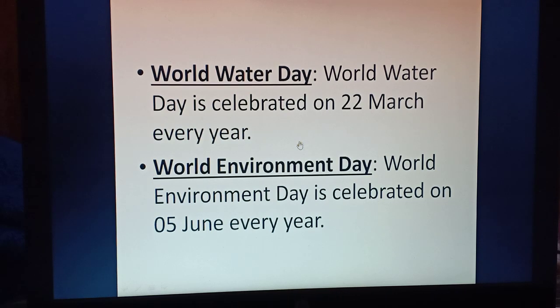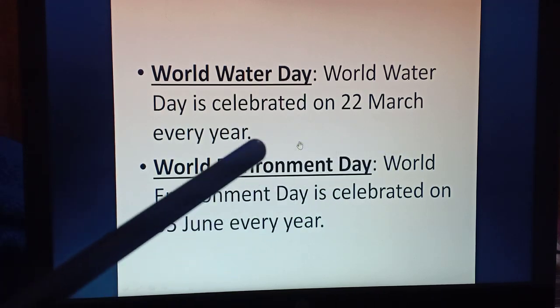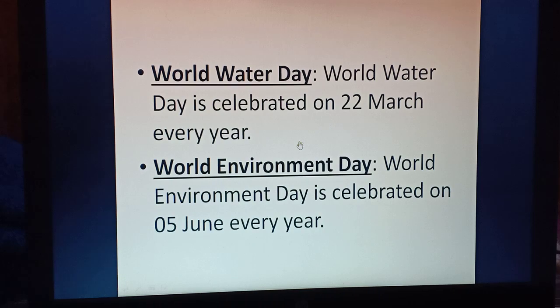So, in this chapter, we learned about many things related to the environment. You should know that World Environment Day is celebrated on 5th June every year, and World Water Day is celebrated on 22nd March every year.